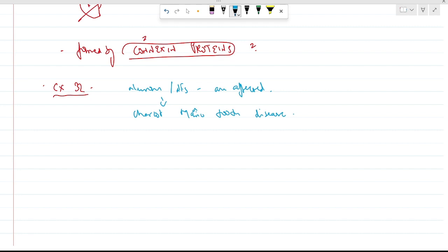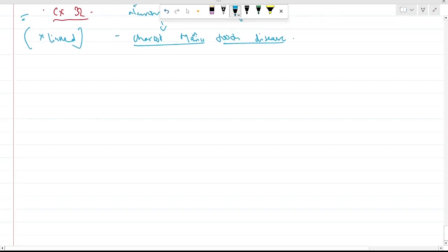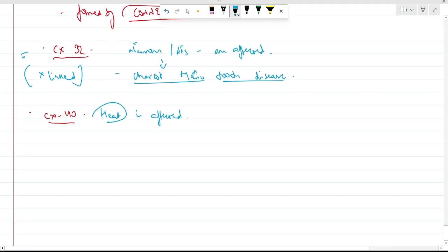Charcot-Marie-Tooth disease is due to mutation in the CX32 connexin protein in the neurons or the nerve fibers. It's an X-linked disorder. The next protein we are going to see is CX40. CX40 is present in the heart, so the heart is affected. CX40, the heart is affected. CX32, neurons are affected.